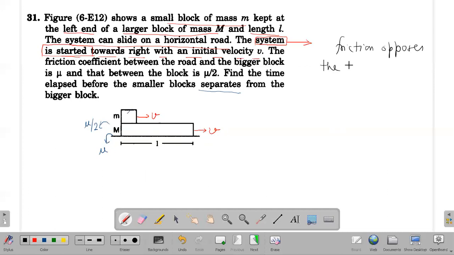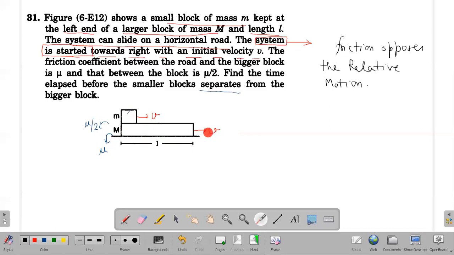Now, at the initial moment, both the blocks have the same velocities, which means there is no relative velocity between them just after the beginning. But yes, there is a relative velocity between the ground and the lower block, since the ground is stationary, fixed, and the lower block is moving with velocity v.